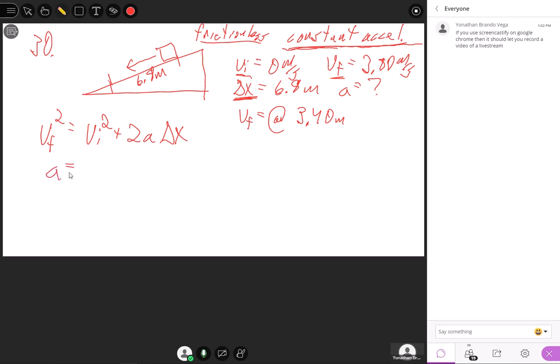So A is going to be equal to, well, the initial velocity is 0, so that's gone. A is equal to the final velocity squared divided by 2 delta x. Now, Ms. Shields, why did you solve it that way? Because that's really what you're supposed to do.